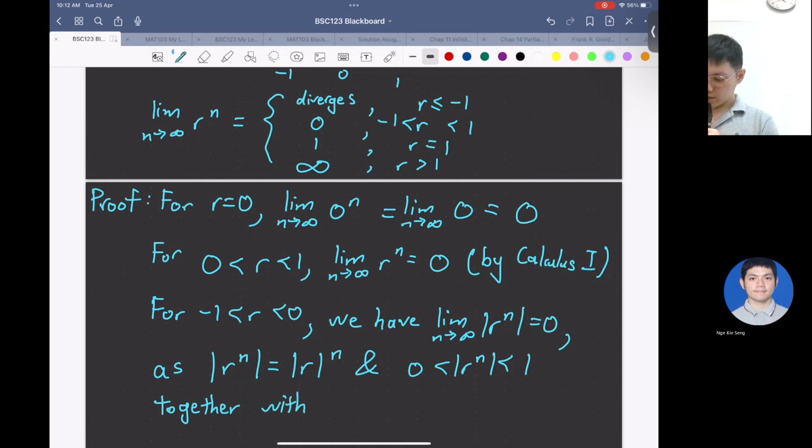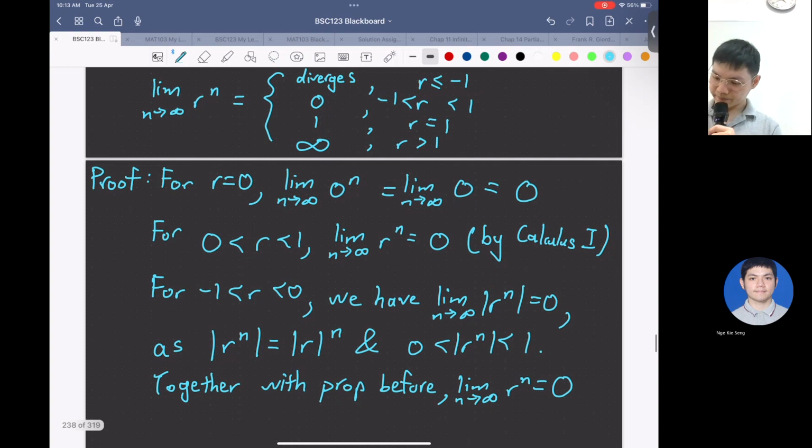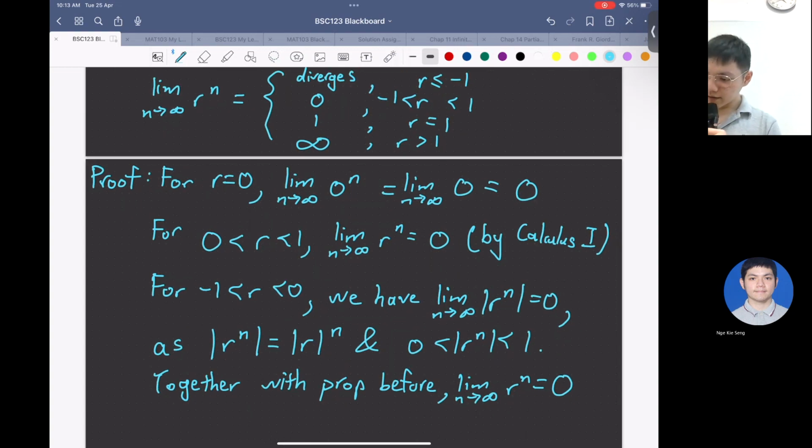Together with the proposition we had before, the limit of r^n also equals 0. So we settle the second one. We still have some more to settle.